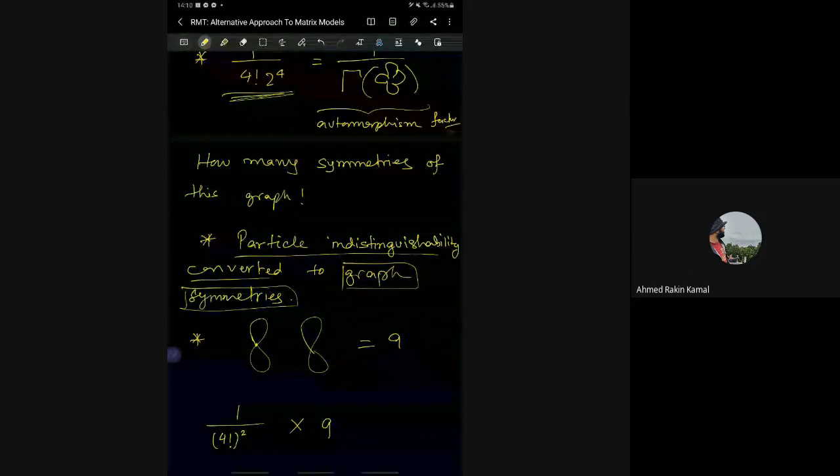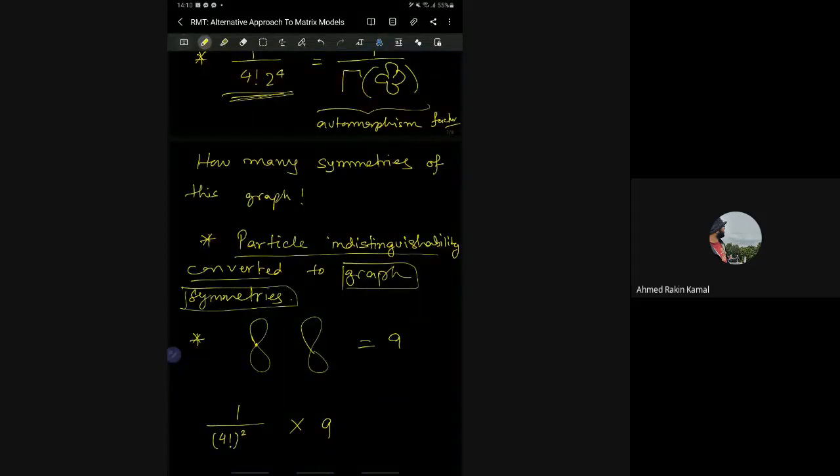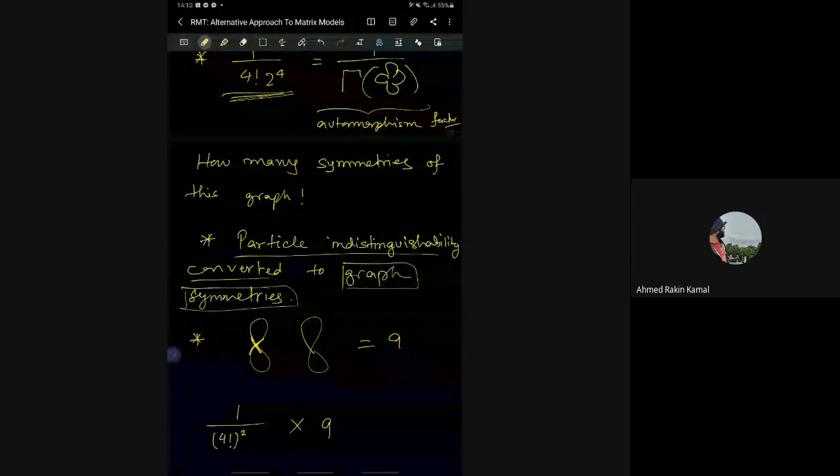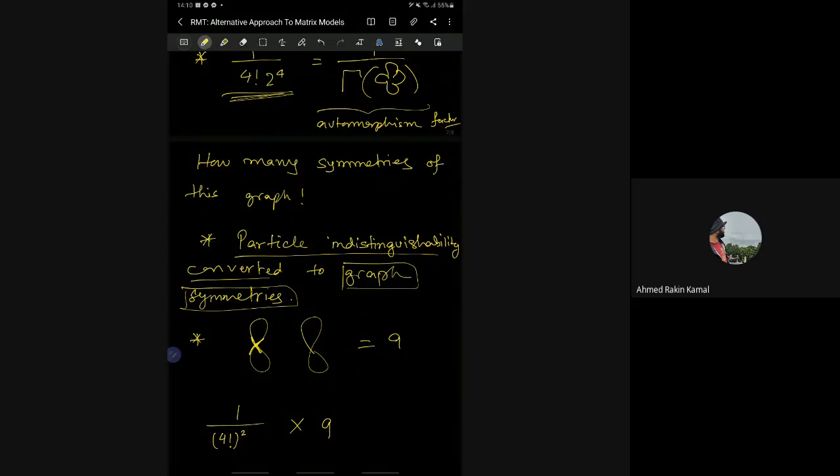Are you confused why it's 4 factorial squared? There are 4 particles. Think of it like this: there are 4 particles, we can't distinguish them, so divide by 4 factorial for each of them. For this one, we get 4 factorial, and for this one, we get 4 factorial.